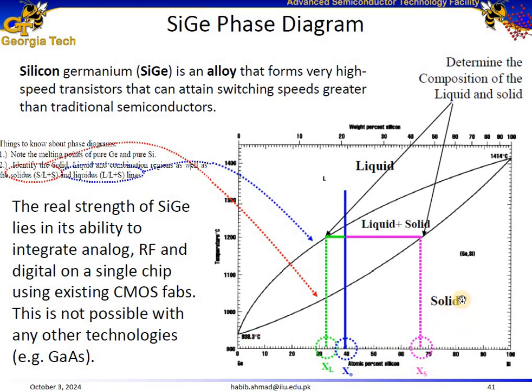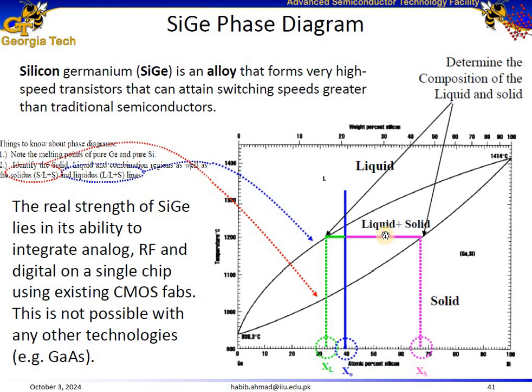Then we have the solid region, the liquid region, and the mixed region, where in the mixed region we have liquid plus solid state. In the solid region, the silicon-germanium is fully solid. The composition is fixed as a solid phase with varying proportions of silicon and germanium. Then we have the liquid plus solid region, the middle region.